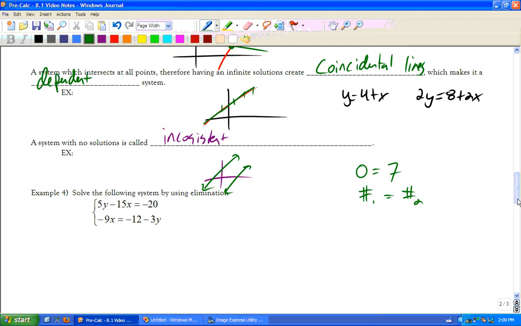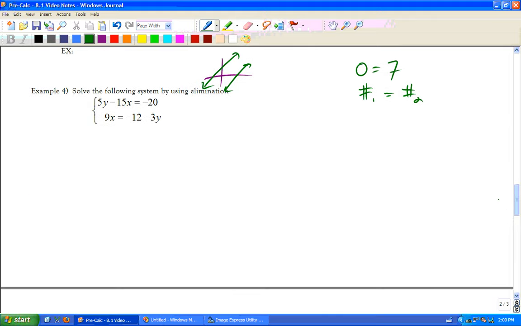So let's take a look at how to solve a system using elimination. It looks a little bit different. The order of things is a little out of place. What we're going to do is move some things around to come up with the same form. I'm going to take 5y minus 15x equals negative 20, and I'm going to take my y to the other side, so 3y minus 9x equals negative 12.